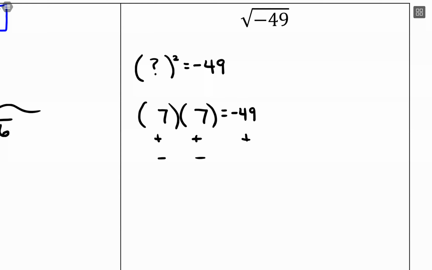If I multiply 2 negative values, that's going to give a positive as well. So there's no way that I can square a number and get a negative number out, with the property that they will either both be positive or both be negative, and no matter which way it goes, the outcome would be positive. So that's one of the reasons why we can't take a square root of a negative number. It's true for any even roots.